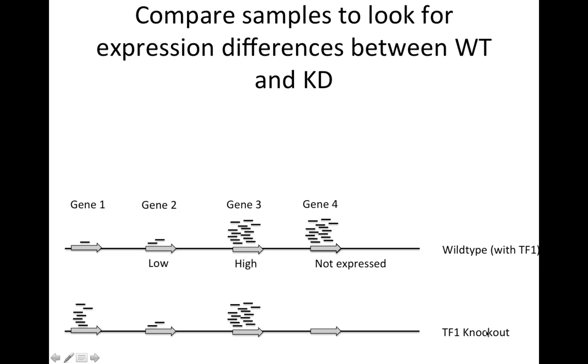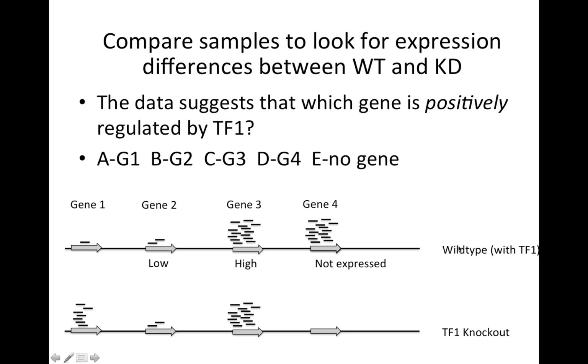So we haven't actually talked all the way about it, but there are ways that we can knock down genes. So we could have two samples, one which contains the gene that makes this transcription factor 1, and one which doesn't. Okay, so the main difference here is that the wild type will have this transcription factor and the knockout will not.